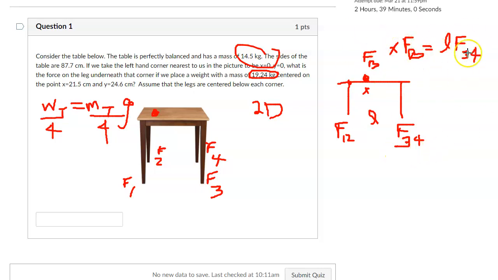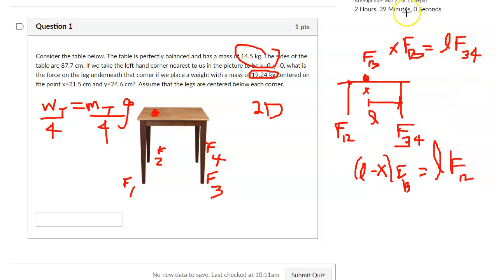The other way to look at this same torque is this distance from here to here is L minus X. And so if I put my pivot point over here, what I end up with is L minus X times FB is, and then again, that distance is L times F12.